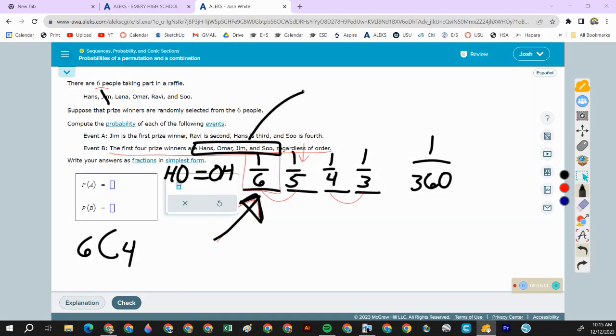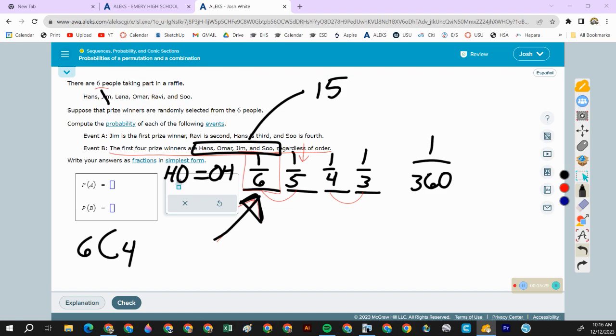So there are 15 ways to do this. So what's the probability? There are 15 ways to pick those 4 people.